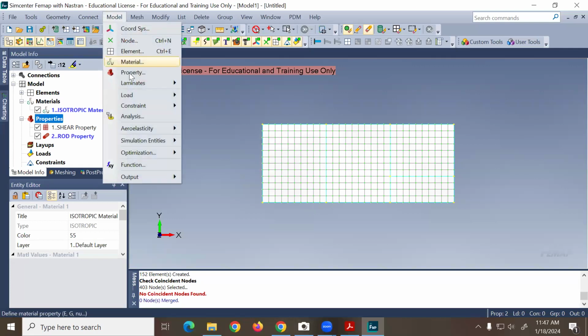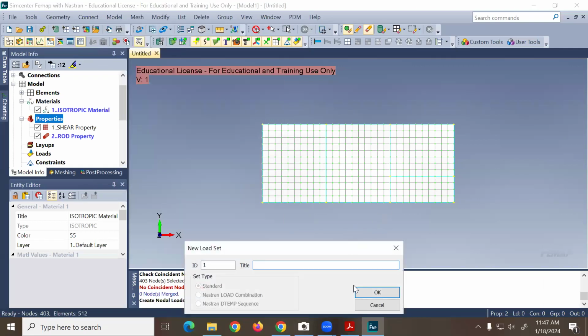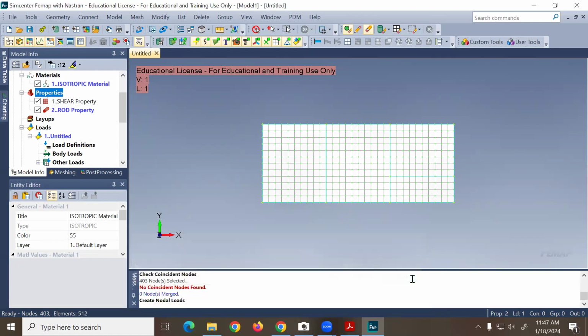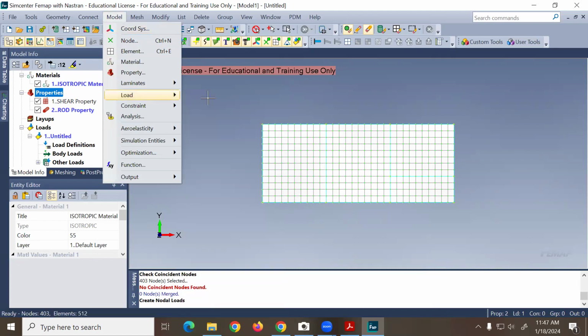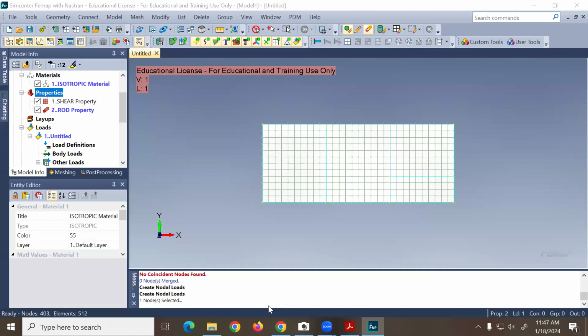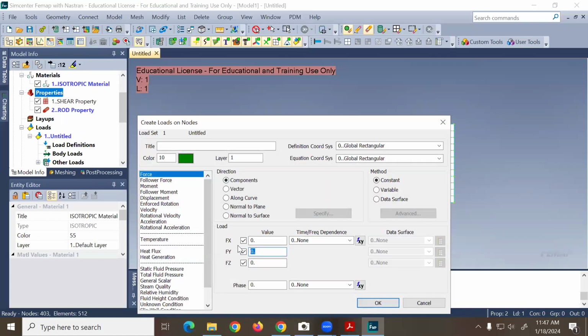Next, we're going to apply the load. Model, load, nodal. Can put a title or not, that's not important. So at this node, if I remember right, okay, why is it not letting me select the node? Model, load, nodal. Oh, here we go. We had a force of negative 5,000.